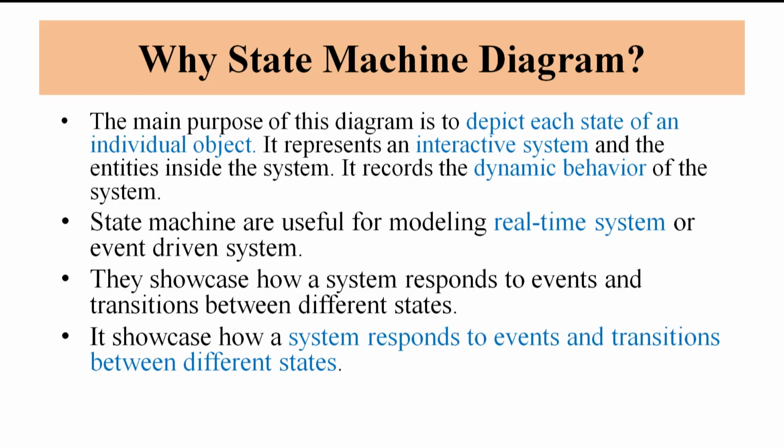Or if the user is only checking the account status, in that case the account object is not changing, so the state will not change in that particular event. But in the majority of events you will find that the state of the object changes, whether you deposit the money or you withdraw the money, the state of that account object will change, the account balance is going to be affected due to these operations. That is the reason it shows how a system responds to events and transitions between different states.